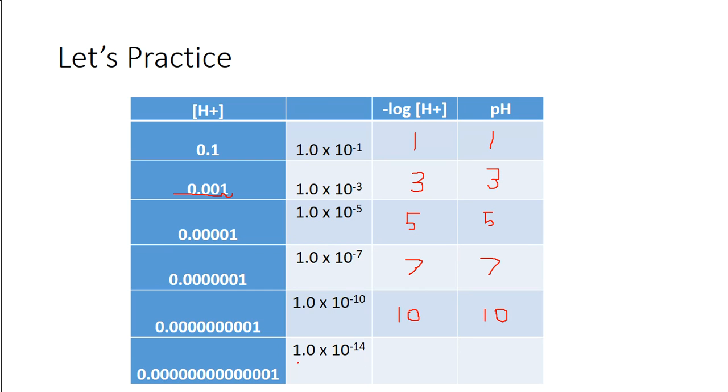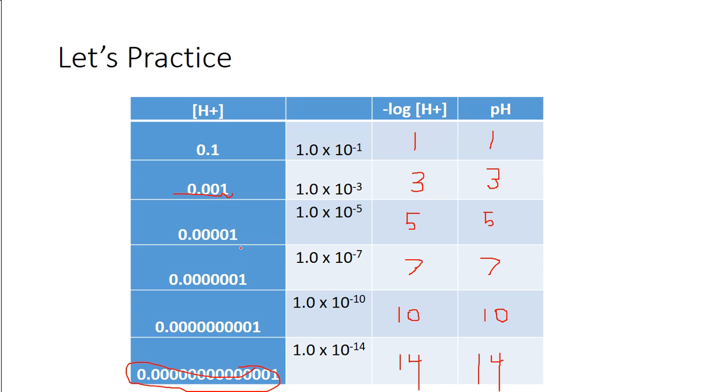That's a very small, minuscule number. 10 to the minus 14, the log of that is minus 14. The negative log of that is positive 14. So here you can see where the pH is 14, the concentration of H+ is a very small number.